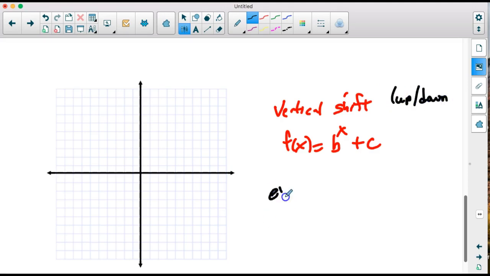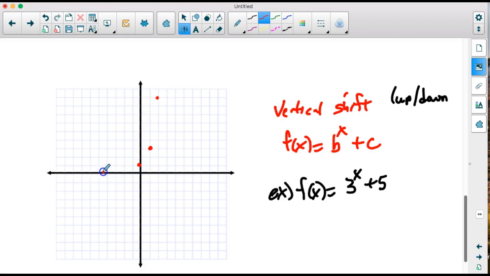Okay, so an example of that would be f of x equals 3 to the x plus 5. So that plus 5 is not up here with the x, it's just afterwards. So the 3 to the x function, we'd have 3 here, we have 9 there, we have 1 there.